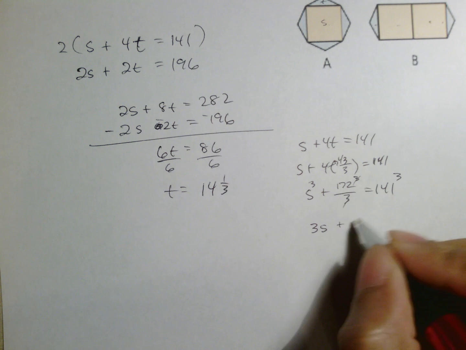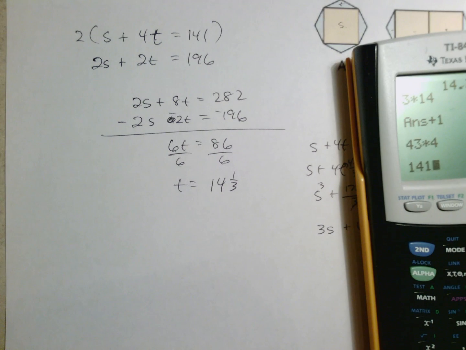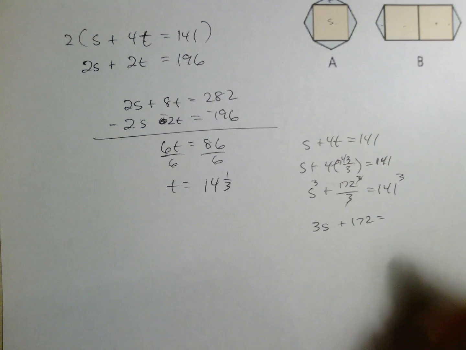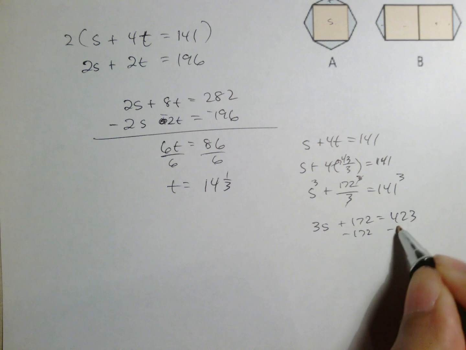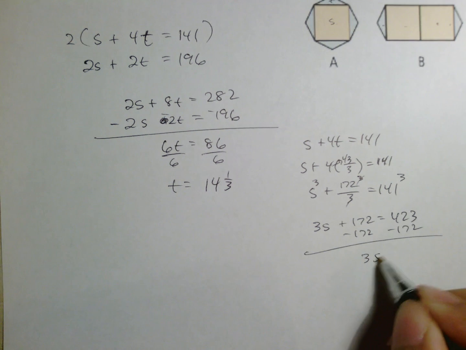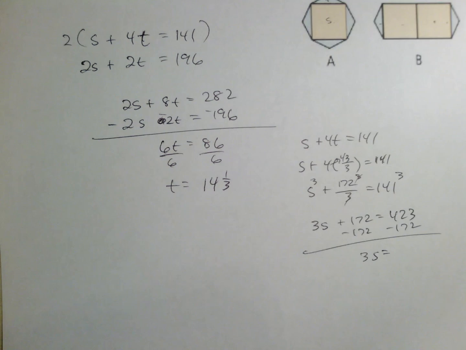So those 3's cancel. 141 times 3 equals 423. And now you subtract your 172, which gives me 251.